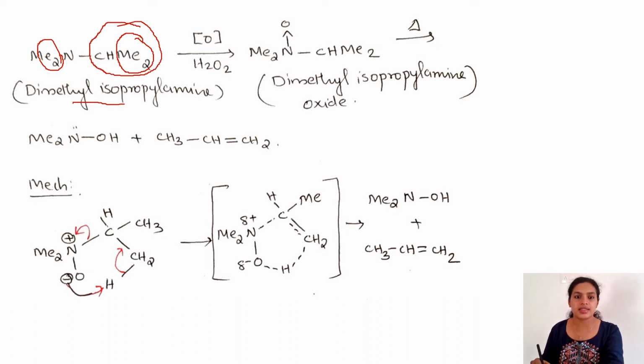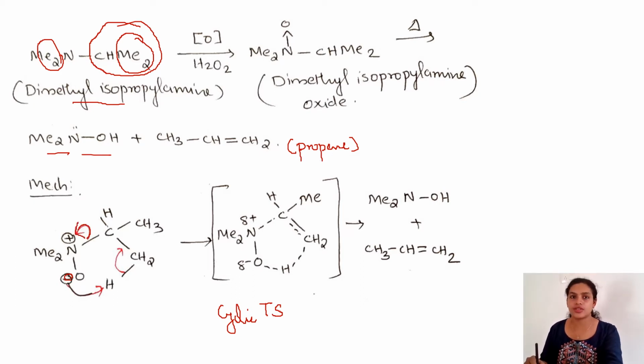When this oxide is heated, we get propene and dimethyl hydroxylamine. The mechanism is also given. We can see that the mechanism proceeds through a cyclic transition state. First this O- abstracts one hydrogen, and then bond breakage takes place to neutralize the positive charge on nitrogen. This is the mechanism.